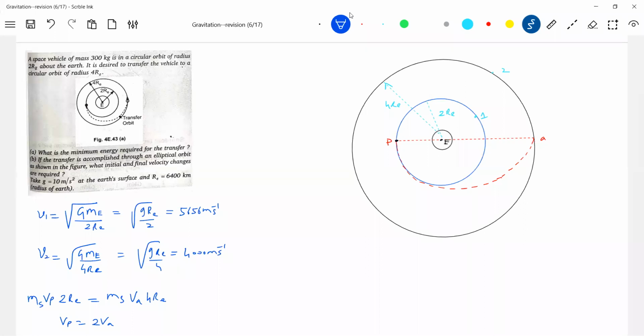Then applying conservation of mechanical energy. So next equation: mass of satellite times VP square by 2 minus GMEMS by 2RE. I'll write it down; later on you can work it out.